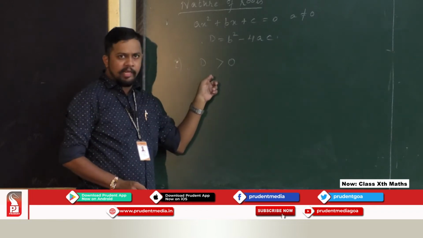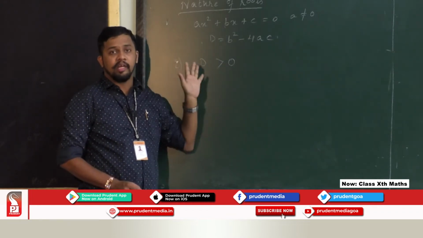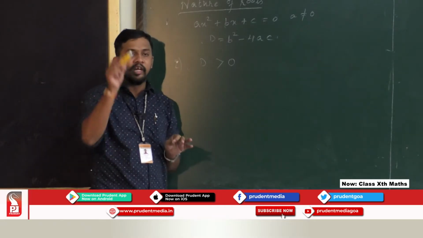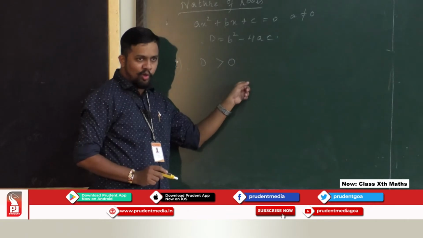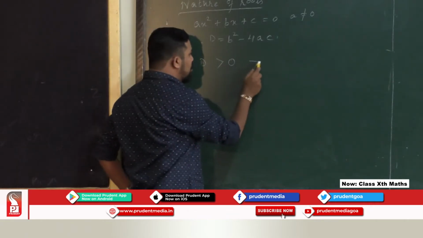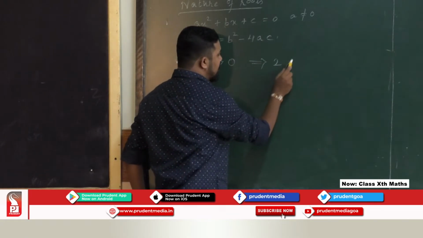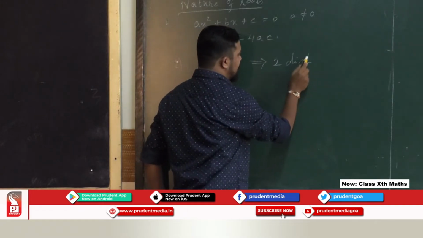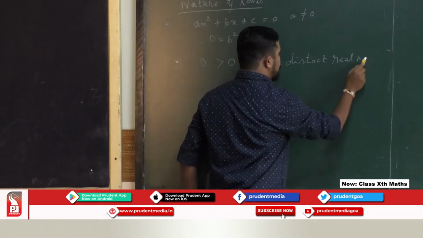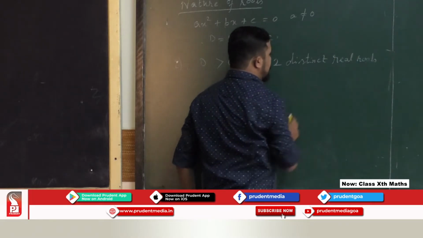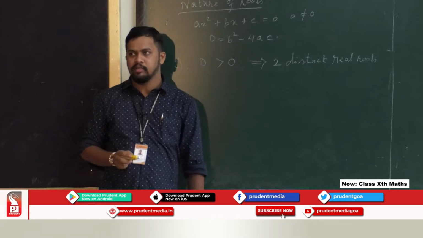Instead of that, I can write D, because you know D is the discriminant. The discriminant will tell you the nature of this quadratic equation. So, if D is greater than 0, there are 2 distinct real roots.